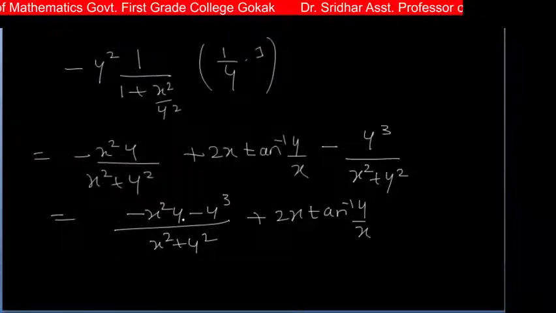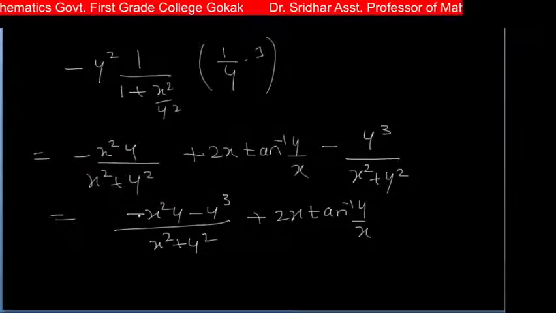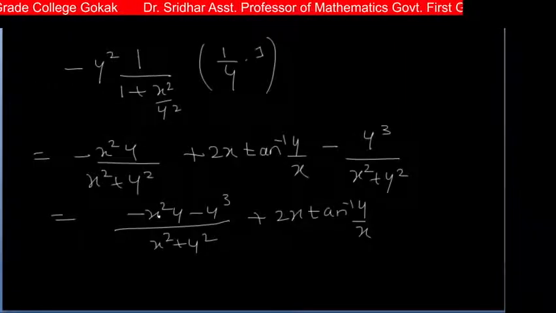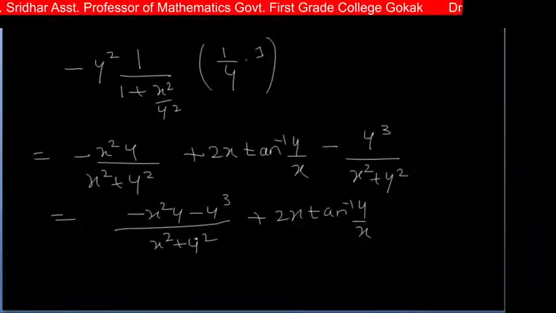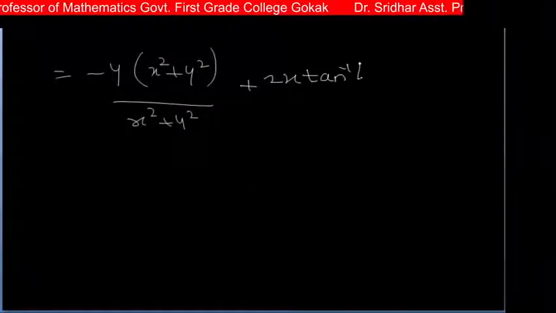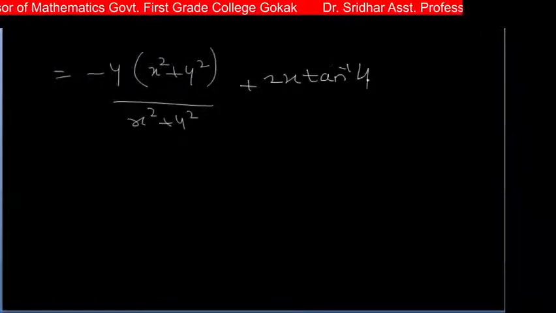Okay. So in this we take minus y common, right? So which is equal to, I take minus y common, and in the bracket what am I left with? x square plus y square, whole divided by this x square plus y square. Okay, then plus 2x tan inverse of y by x.